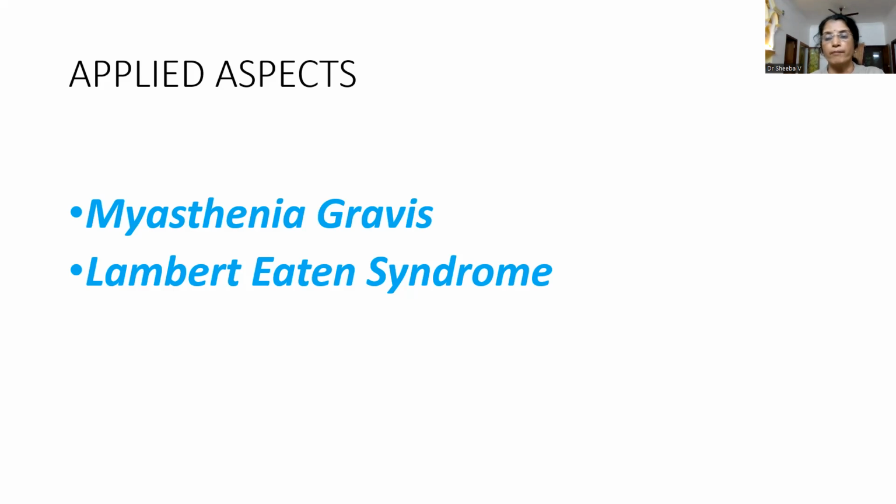So the acetylcholine cannot bind to the postsynaptic receptor, and neuromuscular transmission is prevented. In Lambert-Eaton syndrome, the calcium influx in the presynaptic terminal is inhibited.